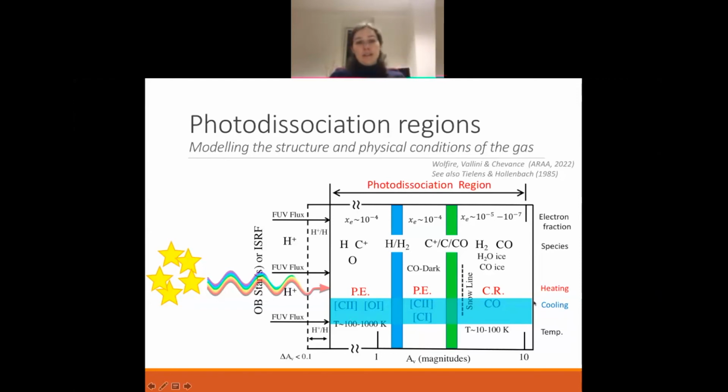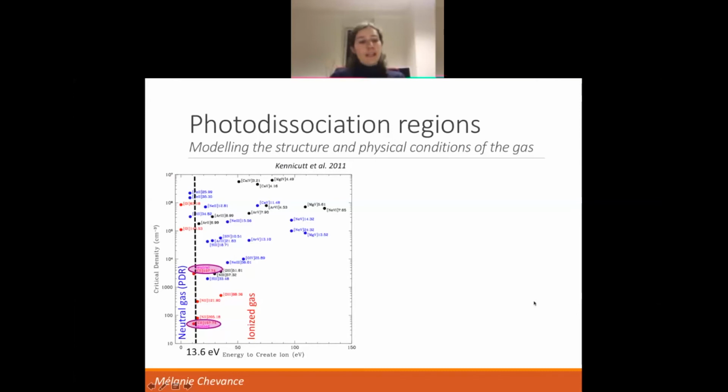But there is a little caveat here. As you've maybe seen in one of my first slides, showing the separation between the neutral gas and the ionized gas, C2 is not in blue or in red, but I've circled it in purple.